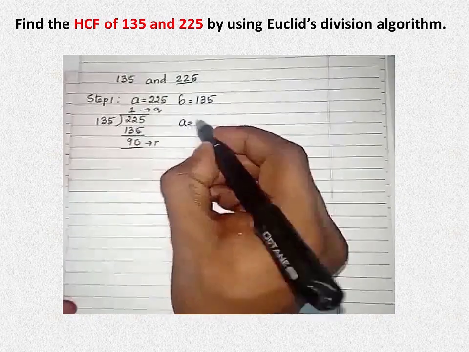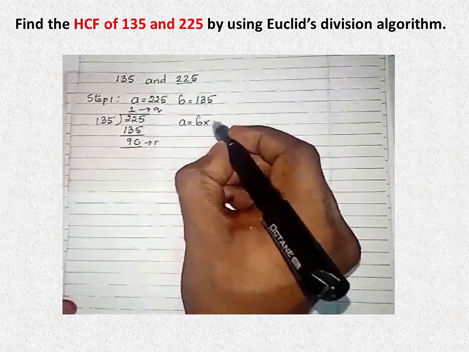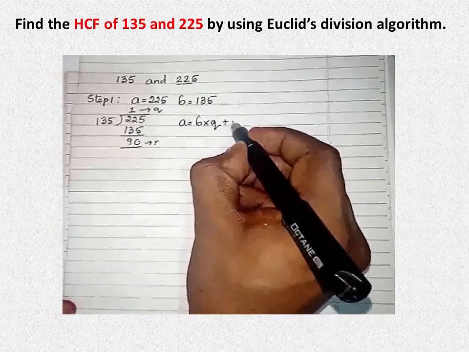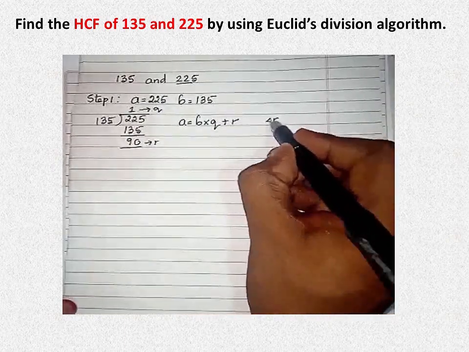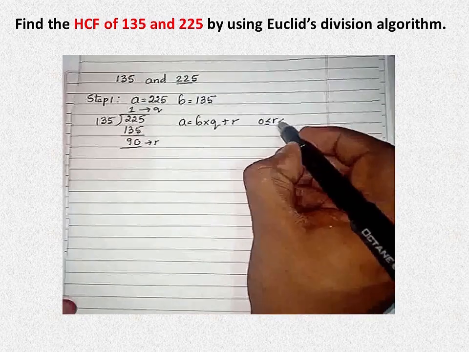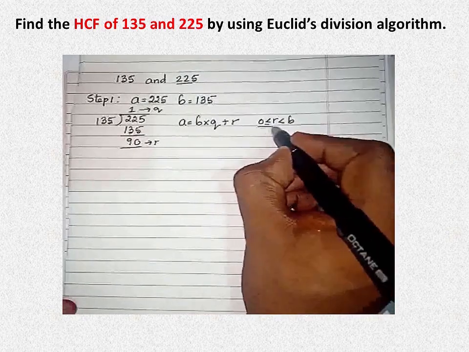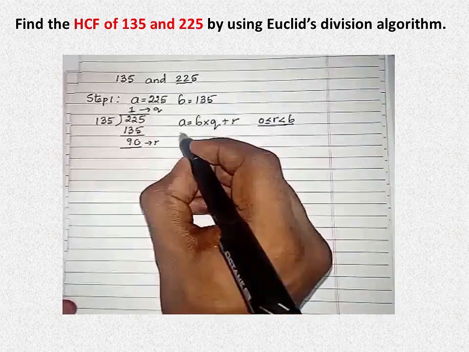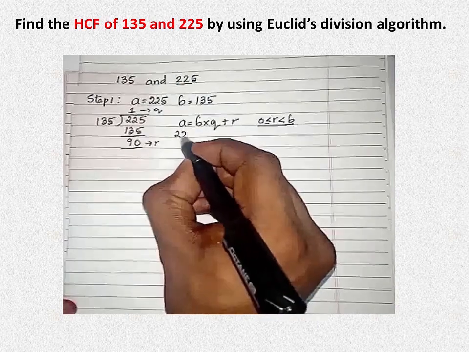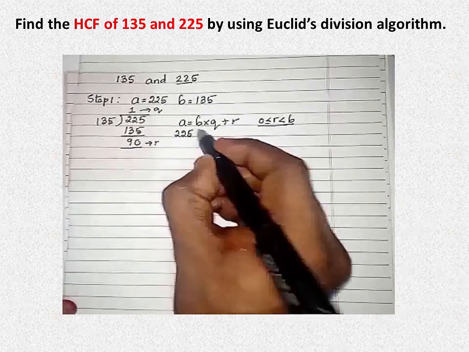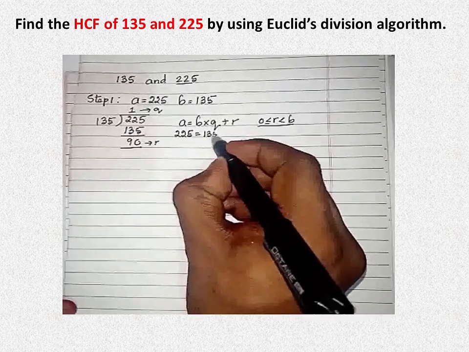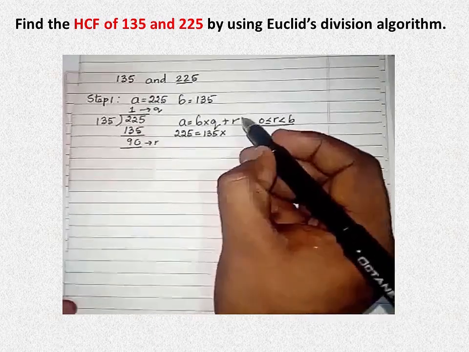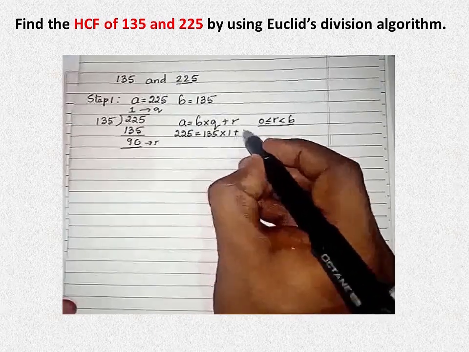Now Euclid's division algorithm, A equals B into Q plus R. The important condition is R is greater than or equal to 0 and less than B. Now substitute the values of A, B, Q and R, that is 225 equals B, which is 135, into 1, plus remainder is 90.